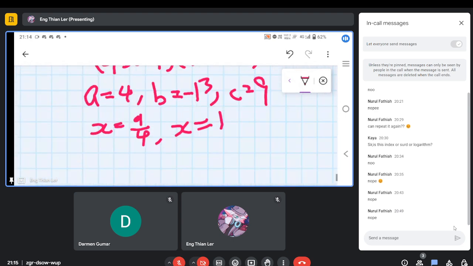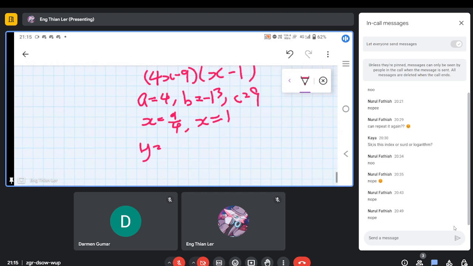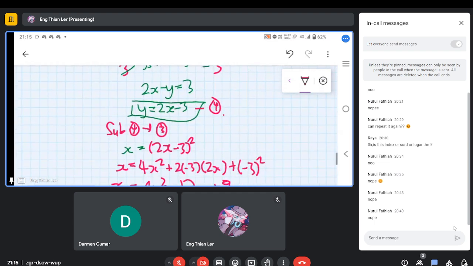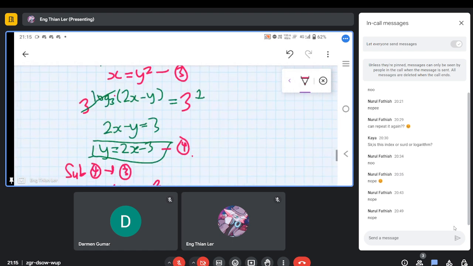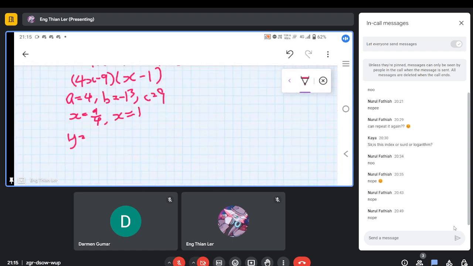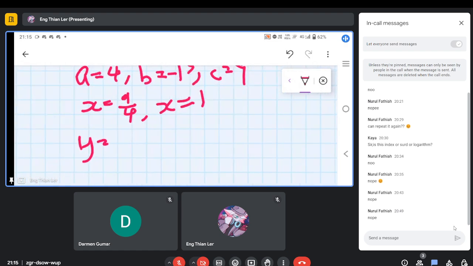So let's solve for y now. When x equal to 9 over 4, what is y? x equal to y squared, so y squared will be the square root of x, which is plus or minus 3 over 2.